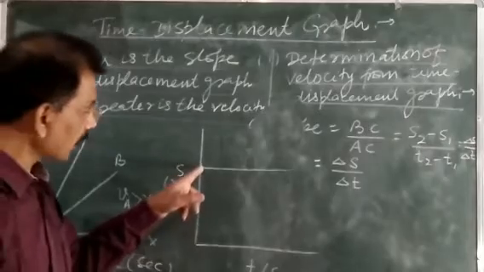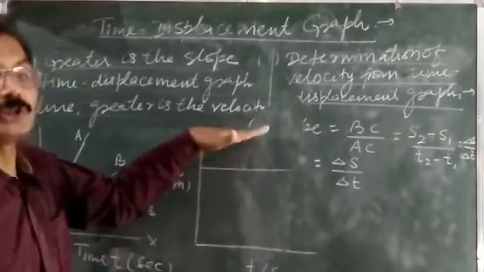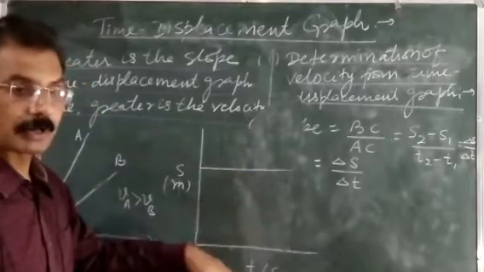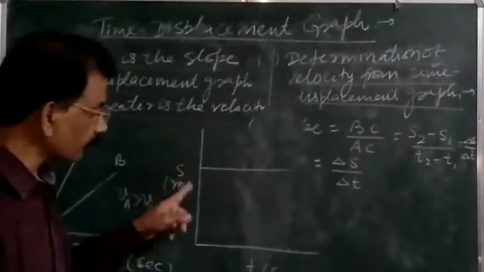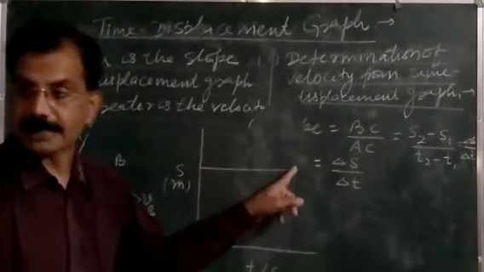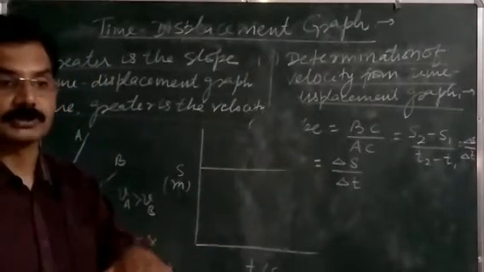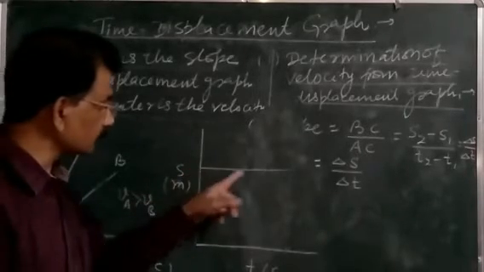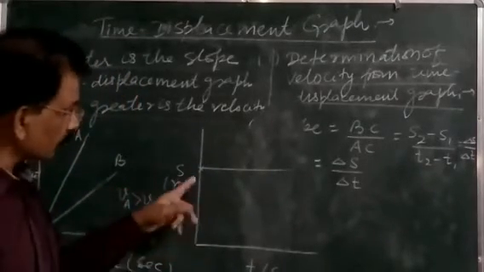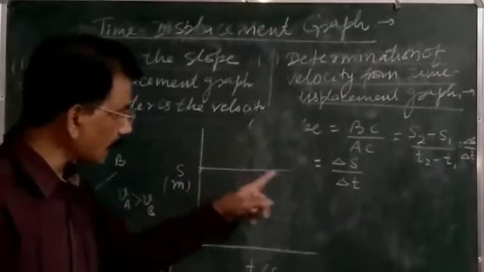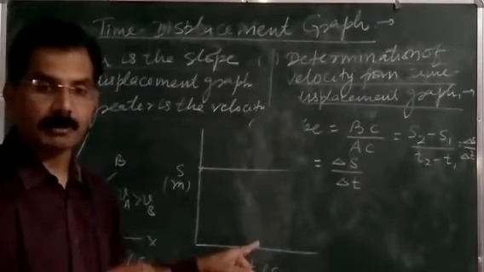Parallel to the time axis means if this displacement time graph line is parallel to the time axis, what angle will it make with time? Since both are parallel, 0 degree, and what does making 0 degree mean? Its slope will be tan 0, and the value of tan 0 is 0. It means if the displacement time graph is parallel to the time axis, then the velocity of that object is 0. It means the velocity of that body is 0, and velocity being 0 means the body is at rest. So you can say if the displacement time graph of any object is parallel to the time axis, then the velocity of that object will be 0, or in other words the body remains at rest.